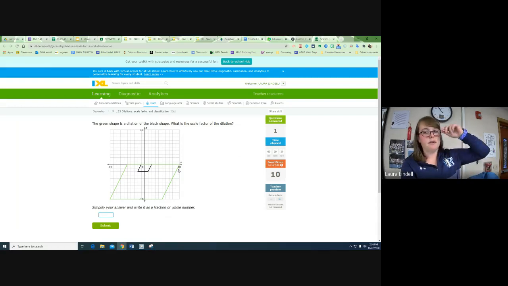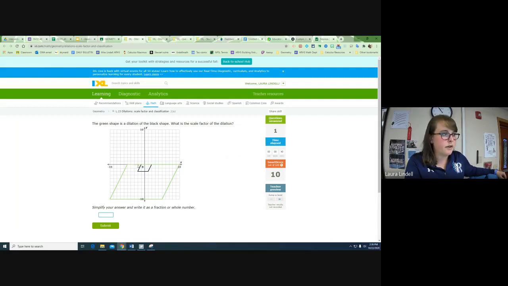So for this one, we have to count how long one of the sides is. 1, 2, 3, 4, 5, 6, 7, 8, 9, 10, 11, 12, 13, 14, 15. So since this side is 15 and this side is 3, 15 divided by 3 is 5. So that would be our answer.